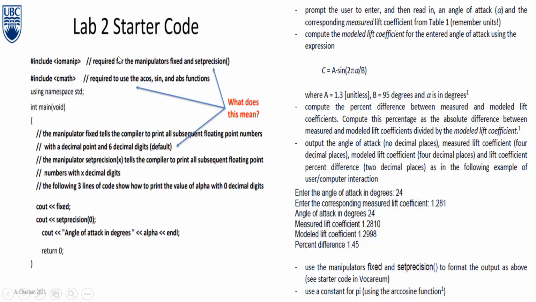Using this starter code, you are required to write a C++ program that asks the user to enter and then read in the values of an angle of attack and the corresponding measured lift coefficient. So at first, you have to declare the variable angle of attack, and declare another variable, the measured lift coefficient.